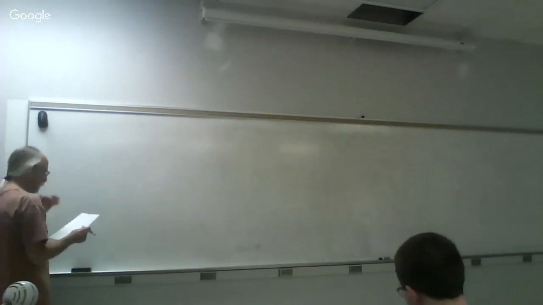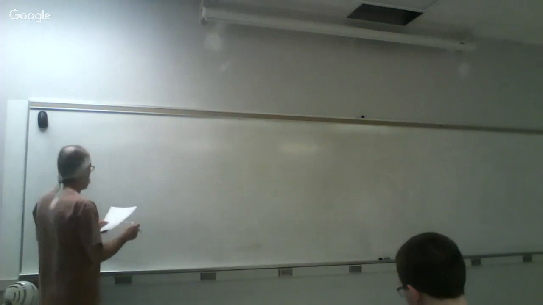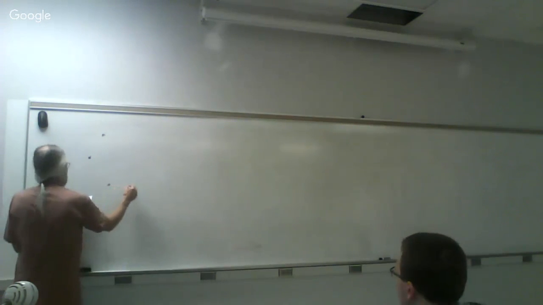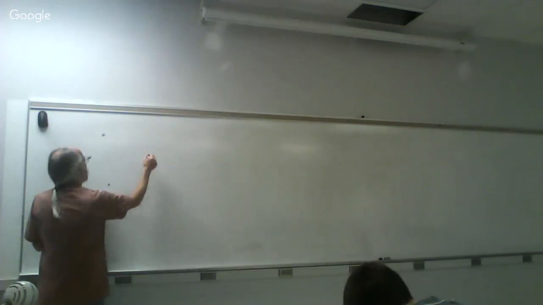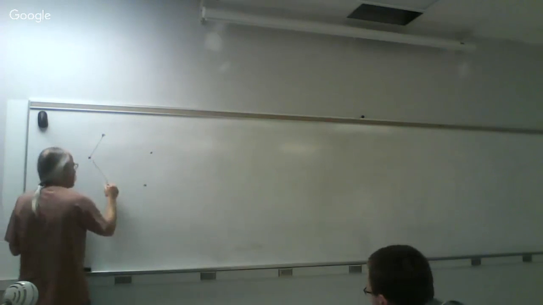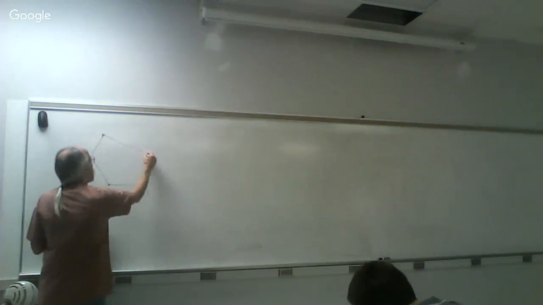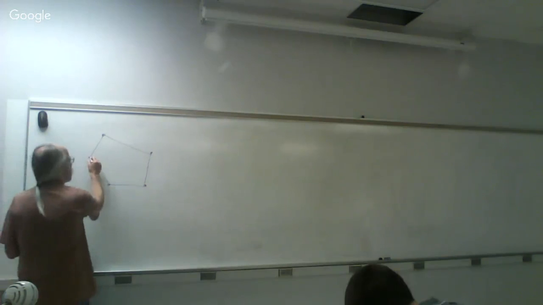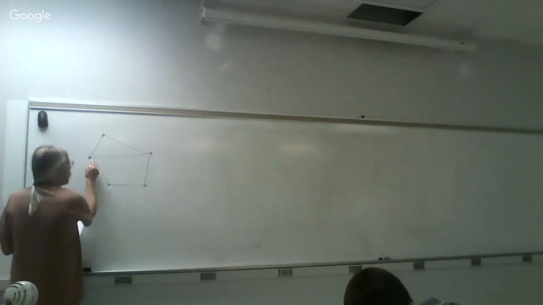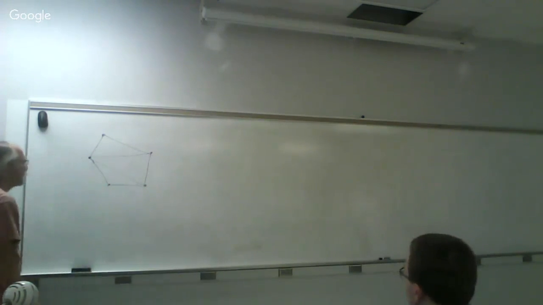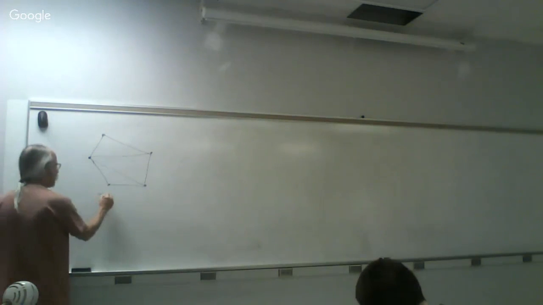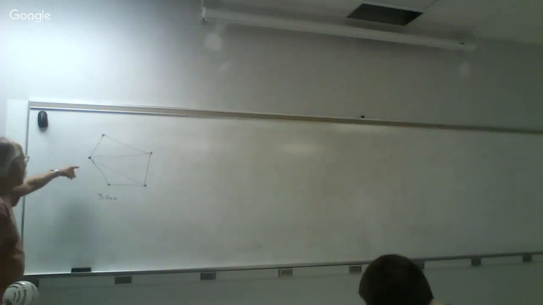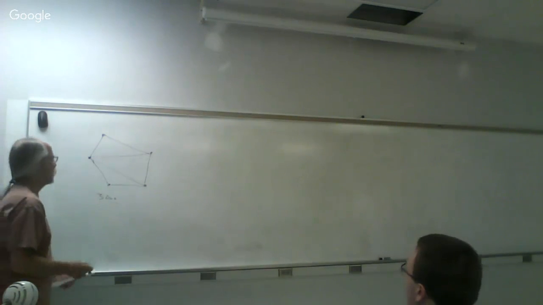I want to just sort of start up with triangulating a pentagon. When I triangulate the pentagon, I get 3 triangles in it, and I obviously started here and just ran a line out everywhere.